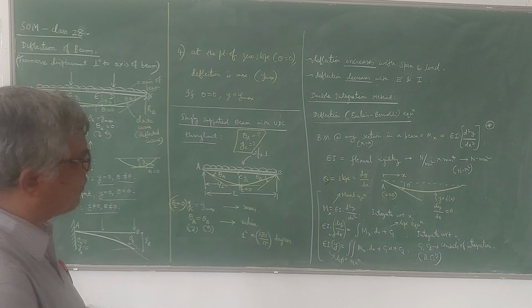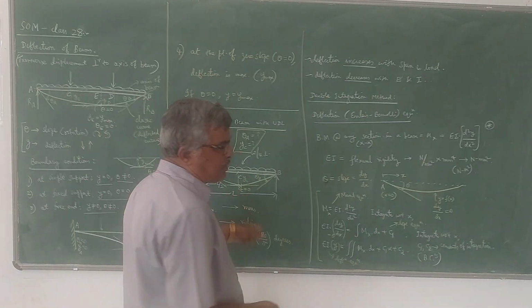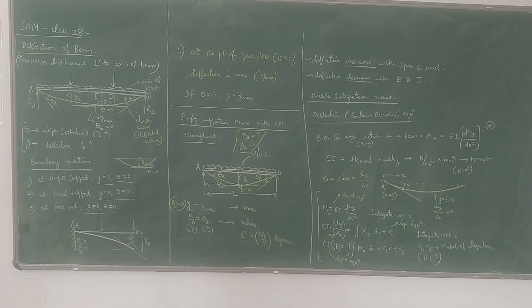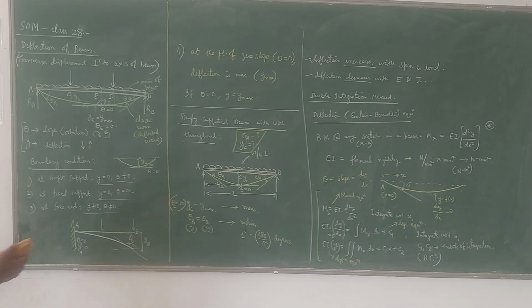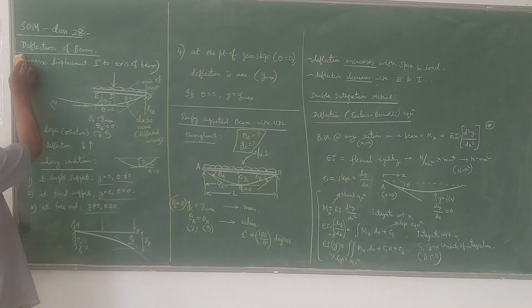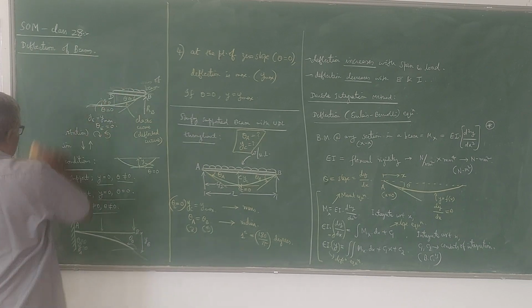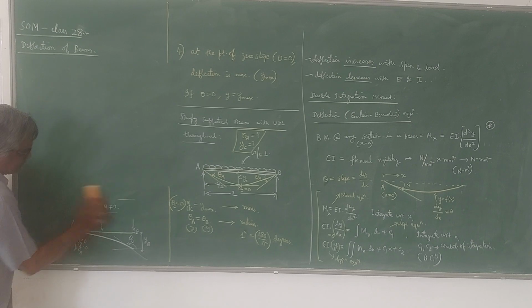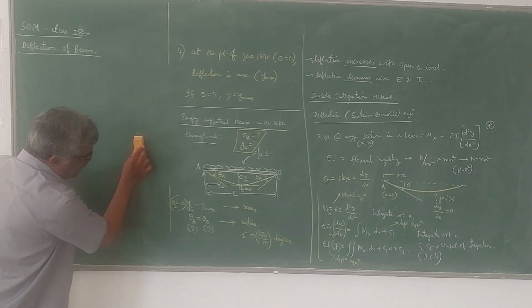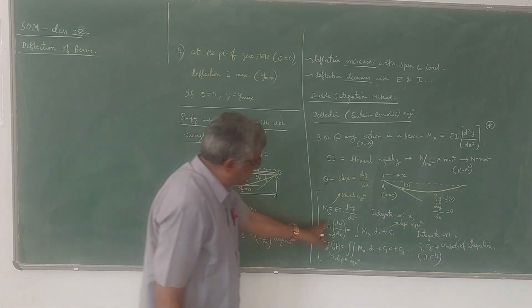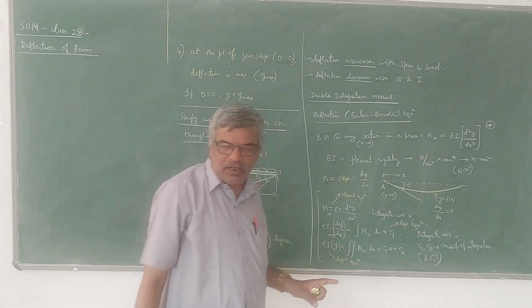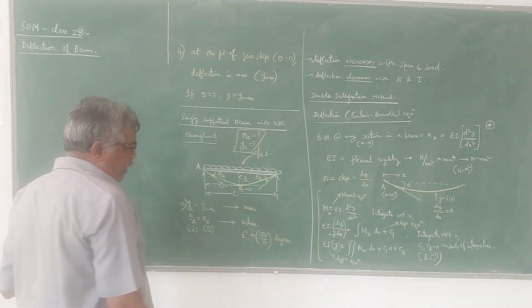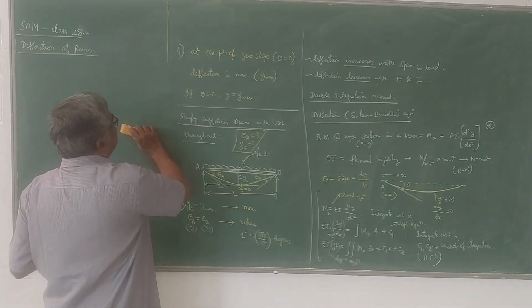Now we will apply this to the case of a simply supported beam subjected to UDL. Let me see how we can find these values of slope and deflection. Once you get the general slope and deflection equations, you can find the values of slopes and deflections at any required point by just putting in the value of x.